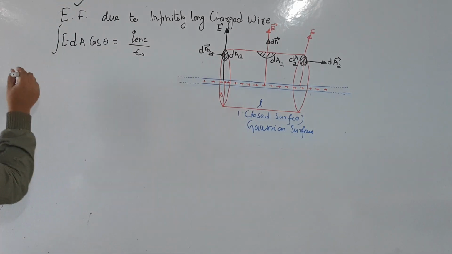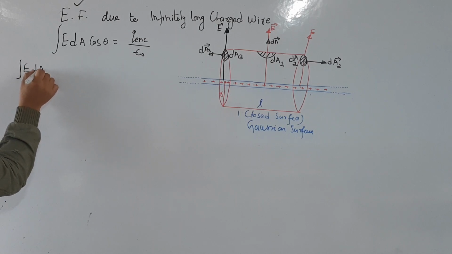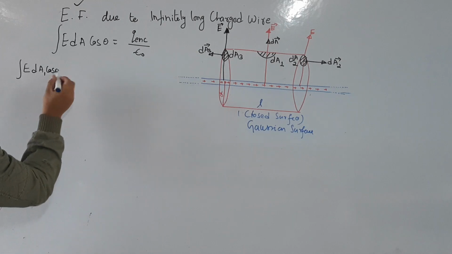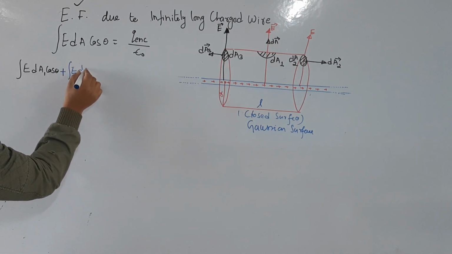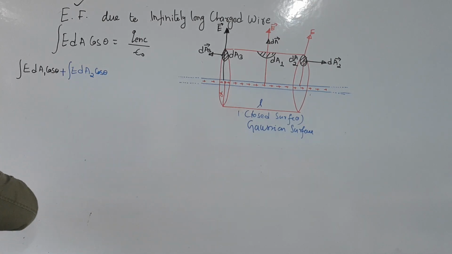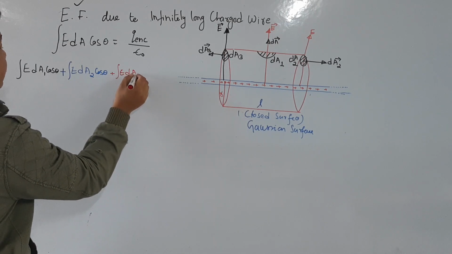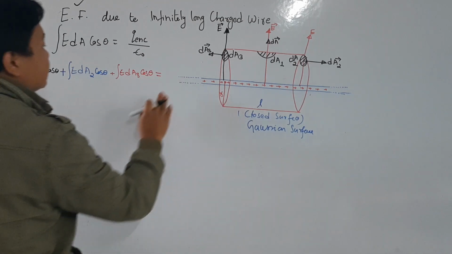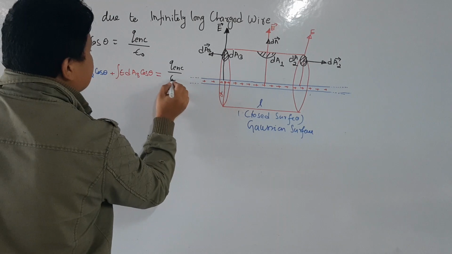So for that let me consider integration of E dA1 cos theta, and I just add another integration E dA2 cos theta, plus integration E dA3 cos theta, equal to how much? This is equal to Q enclosed by epsilon naught.